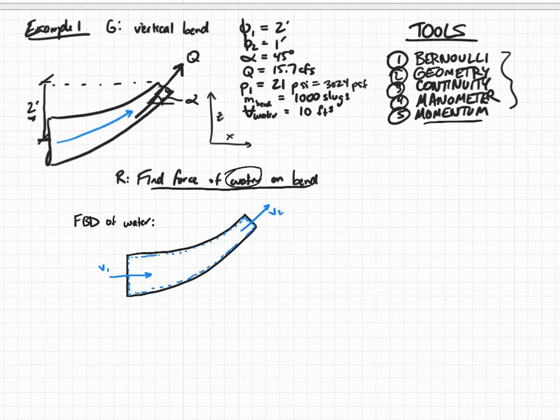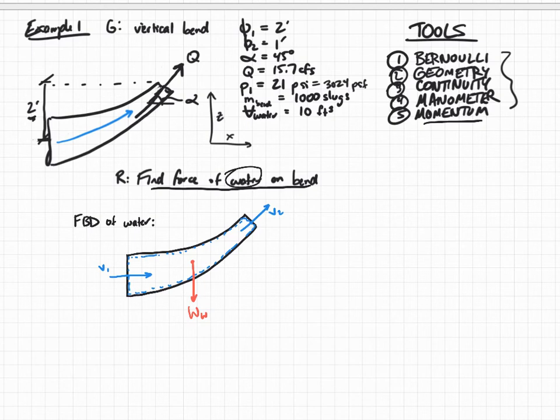What forces are acting on this water? Well, we've got a body force, which is the weight of the water. And we've got all kinds of frictions and things along those lines. There's friction on the walls, and there are normal forces and things like that. But we don't want to parse all those out.